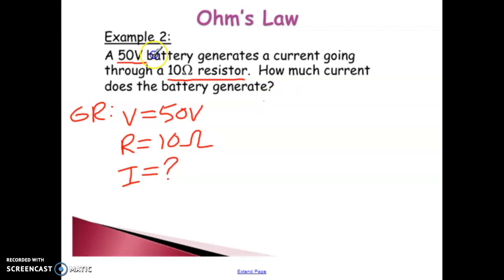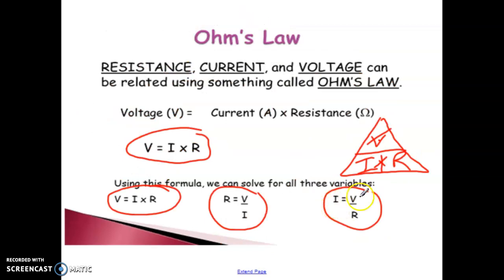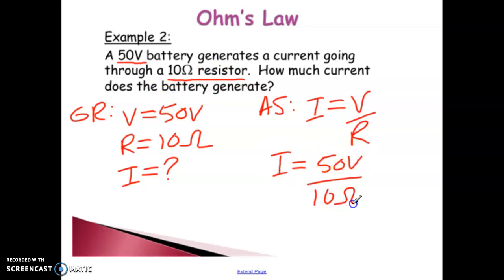Our formula for current is V over R. So current is equal to V over R, and we're going to plug in and solve. This is going to be 50 volts over 10 ohms. So 50 divided by 10 is 5, and the unit is amps.